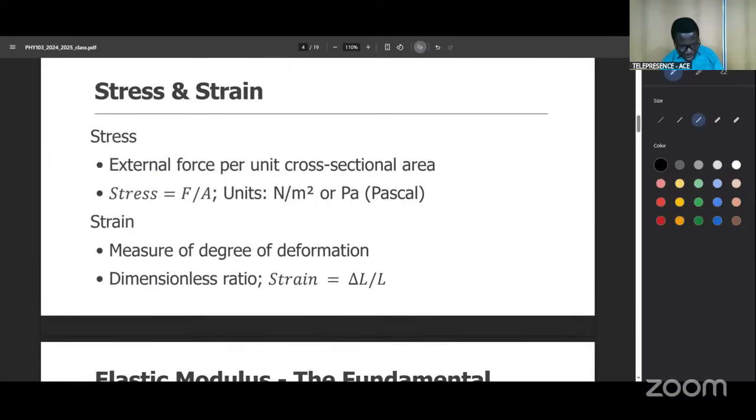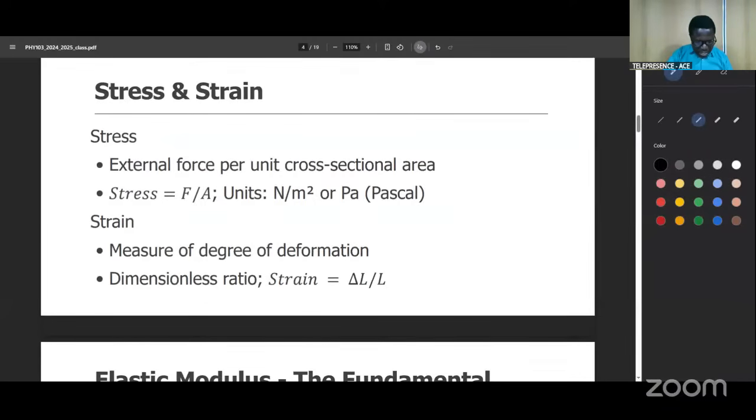Number one, we have longitudinal strain, which is a change in length when you subject a material to elongation. We have lateral strain, which is a change in width or thickness.